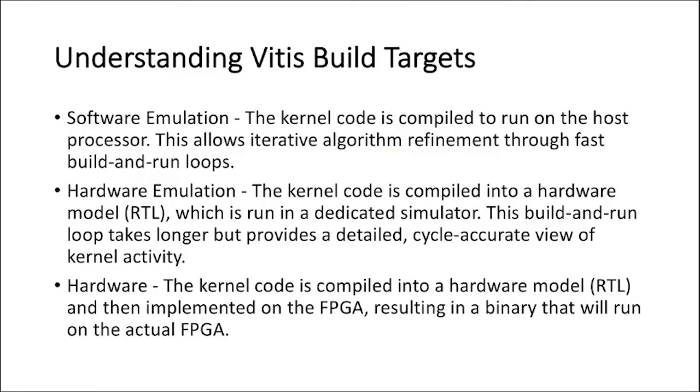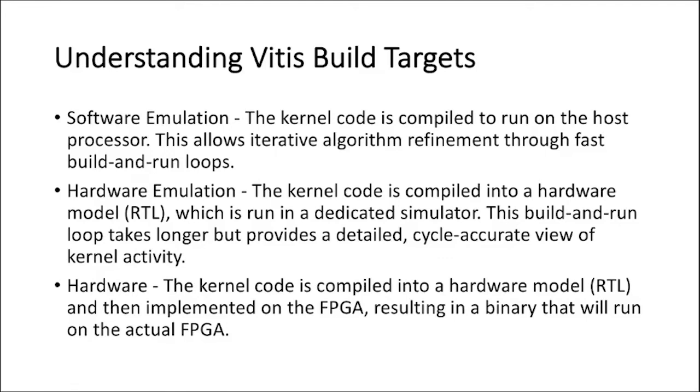So there are some build targets, and I think everyone is familiar with these three. First we will do software emulation, and then we will do hardware emulation. And the last step, we will really write the code onto the hardware. So what is the difference between software emulation and hardware emulation? I think there is some text everyone can read after the presentation.